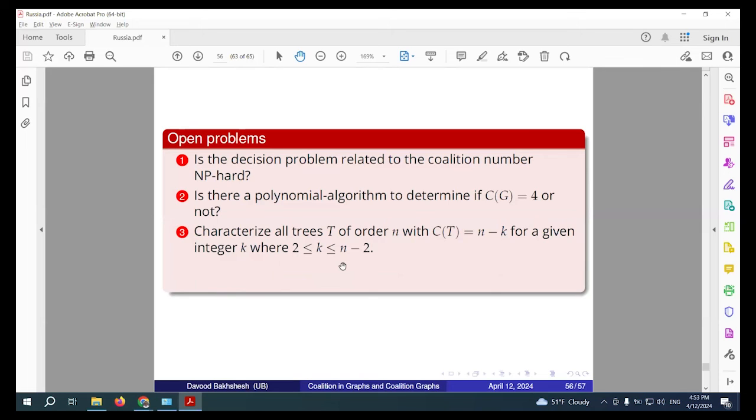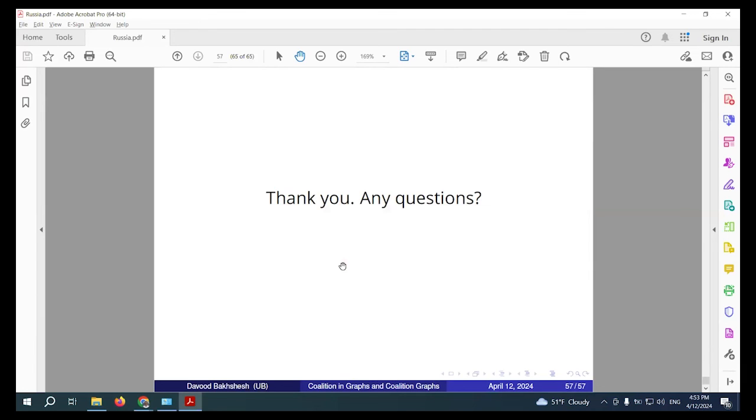In this presentation, we discussed the coalition number of trees when k is equal to 0 and 1. This problem is for integer k between 2 and n minus 2. And finally, is there a polynomial time algorithm to determine the coalition number of a tree T? Thank you very much. Please, any questions?